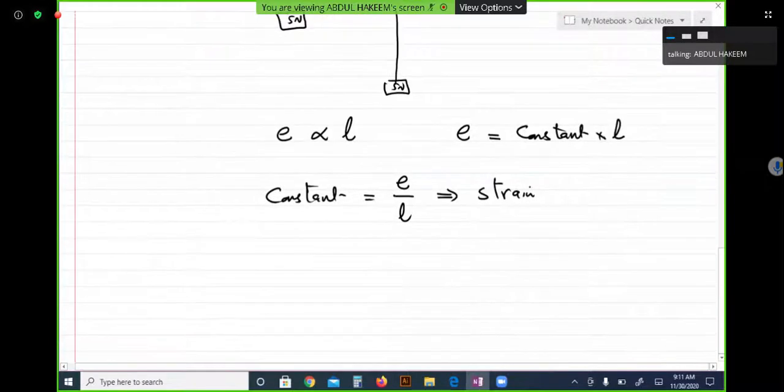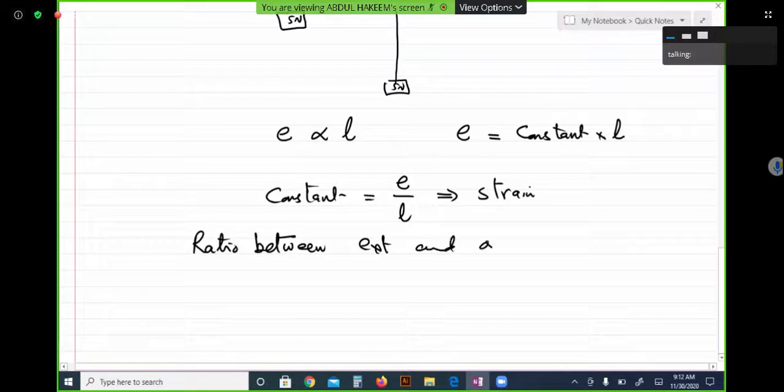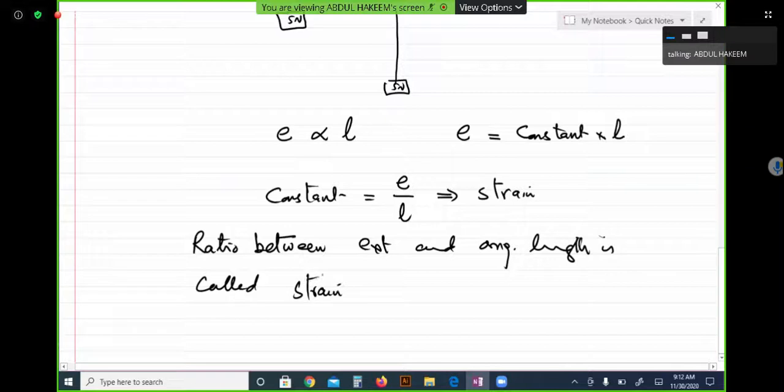So the ratio between extension and original length is called strain. It has no unit because when extension is measured in meter, length measured in meter, they cancel, so no unit.